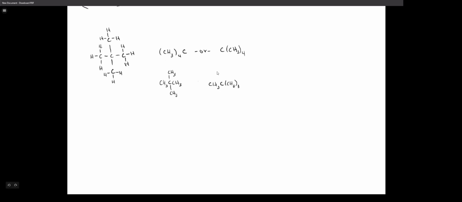Those all work. So in other words, there's not only one way. All of these should be telling me I have a CH3 bonded to a carbon with 3 more CH3s on them, or I have one carbon bonded to 4 CH3s. All of those work fine.